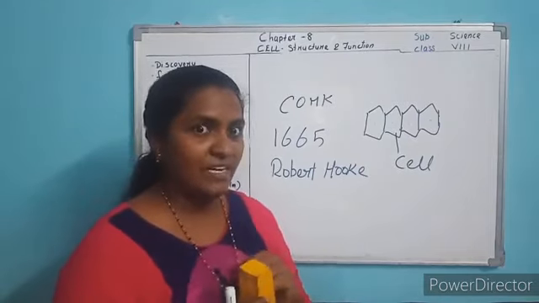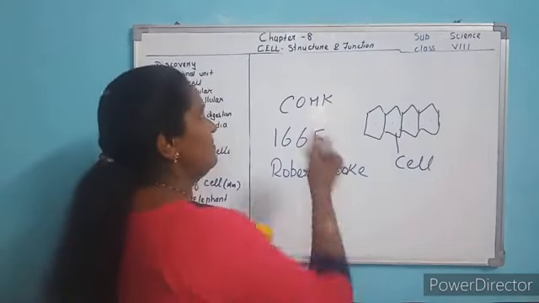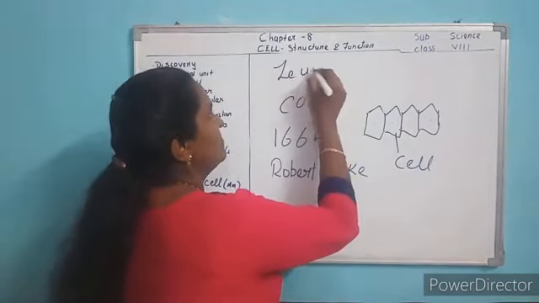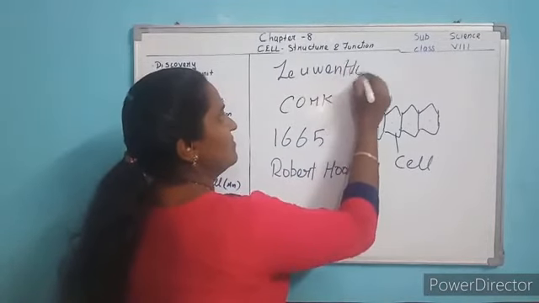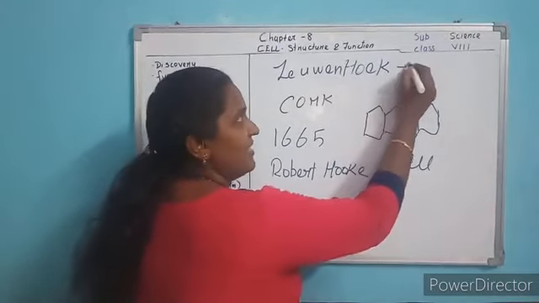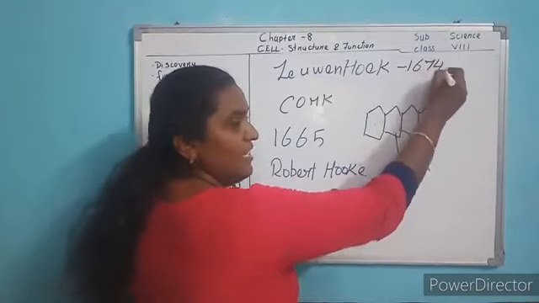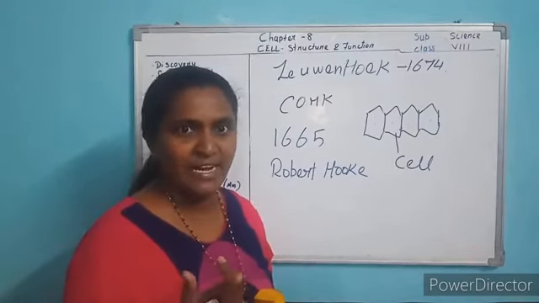And then who discovered the living cell? Leeuwenhoek, in the year 1674, discovered living cells from microorganisms like bacteria.